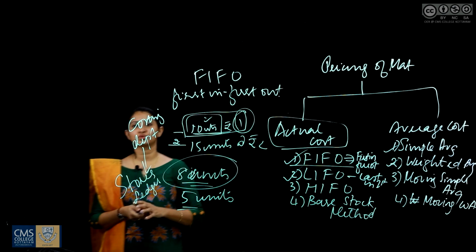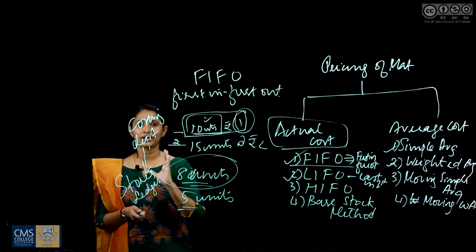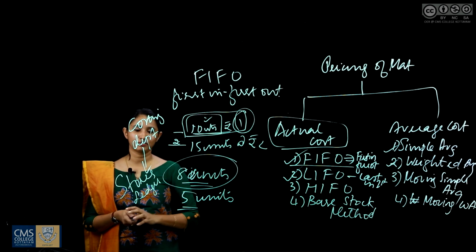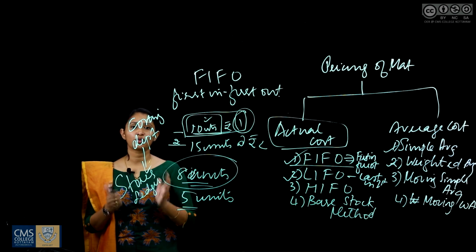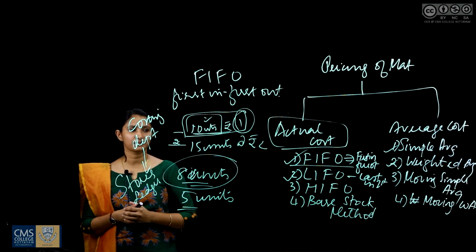Now why you prepare the stores ledger is because at the end of the period, it will give you a very clear picture of the remaining number of units left in a particular period of time, or the closing stock of materials. If you want an idea about the closing stock of materials in the stores, you can have a look at the stores ledger.